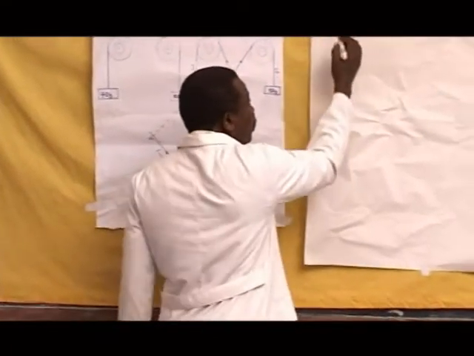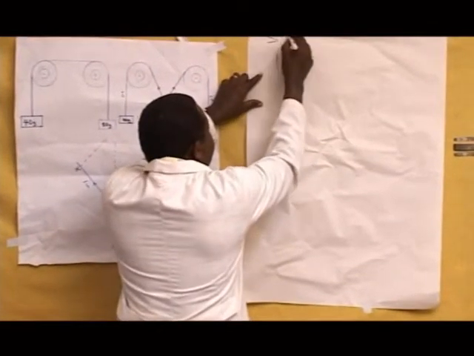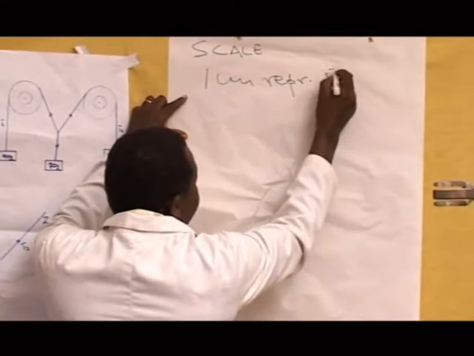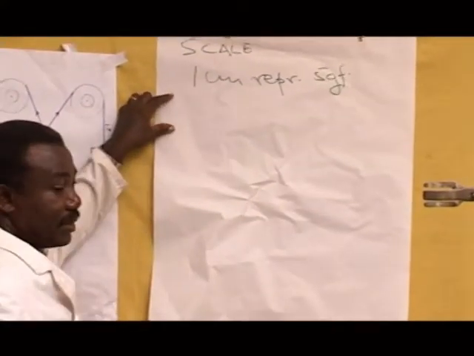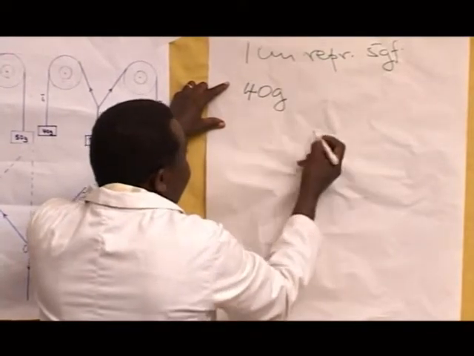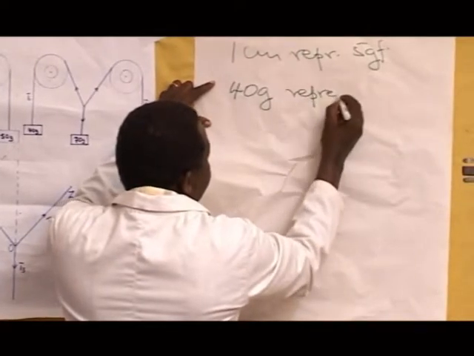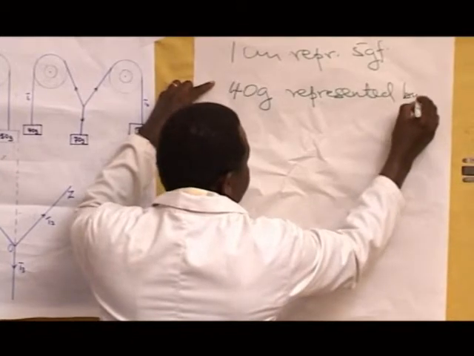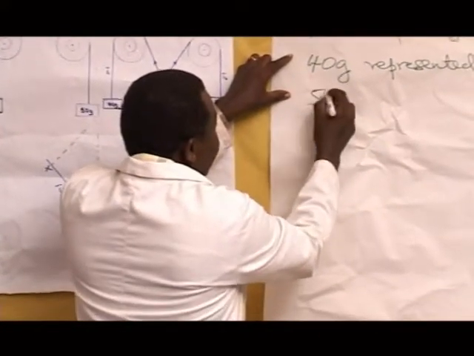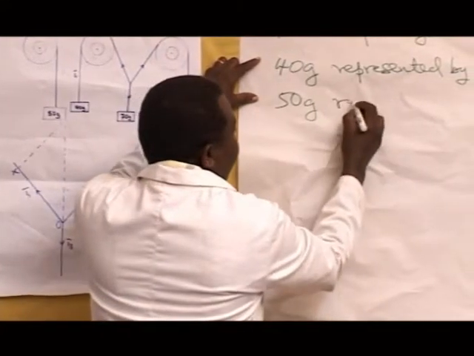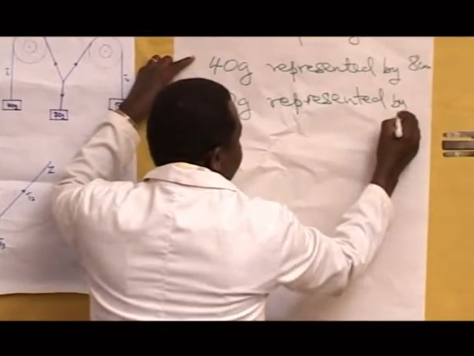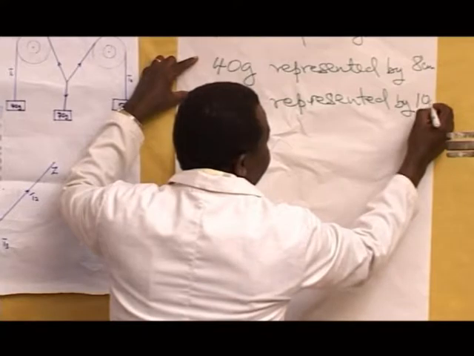From the scale used, which was 1 centimeter representing 5 grams, we found that 40 grams was represented by 8 centimeters, and 50 grams represented by 10 centimeters.